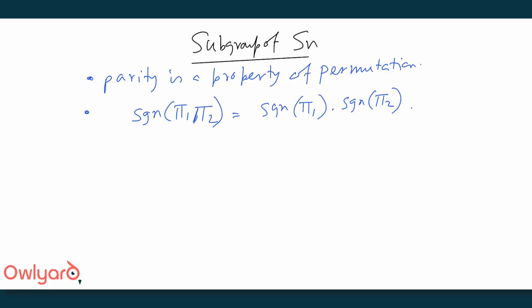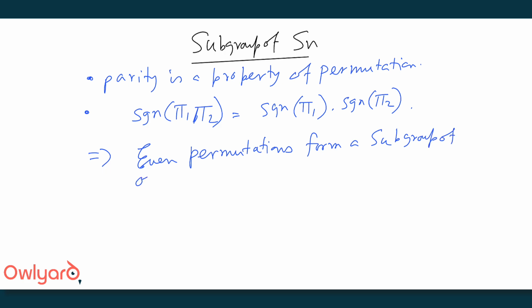Good. Now these things indicate quite clearly that even permutations form a subgroup of Sn, right? And this subgroup is denoted as An.